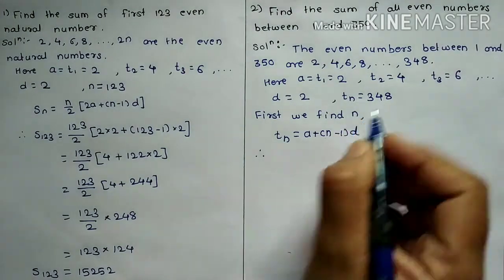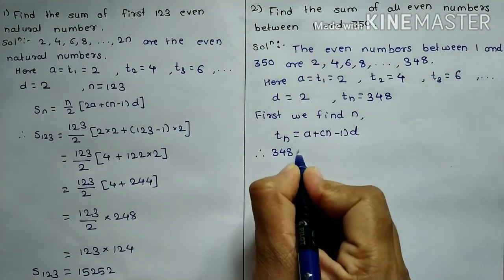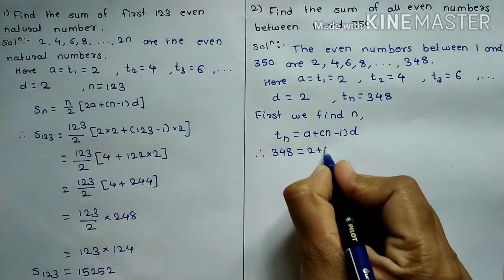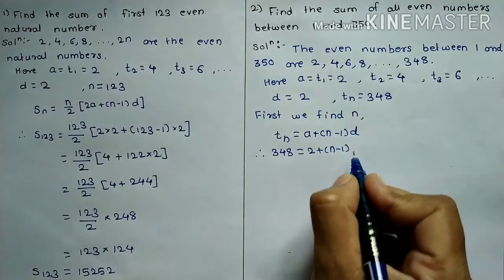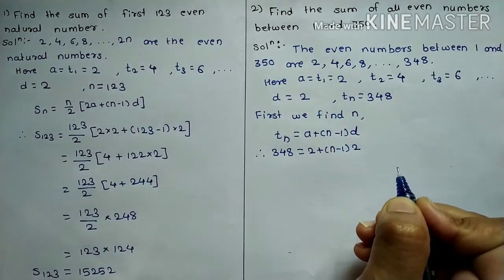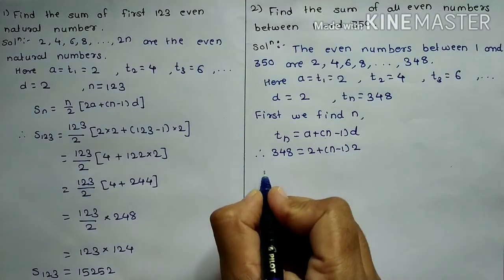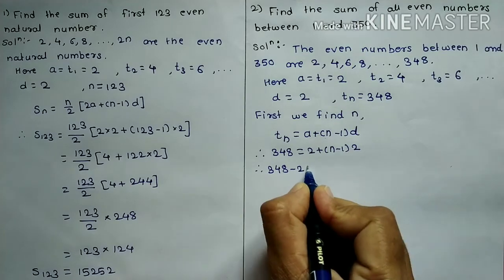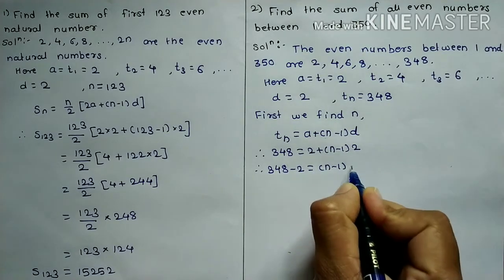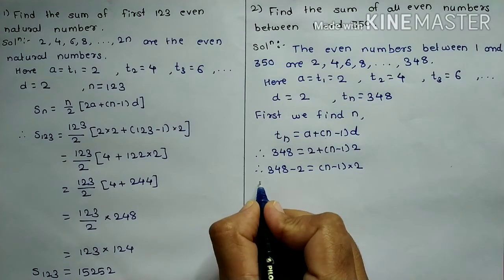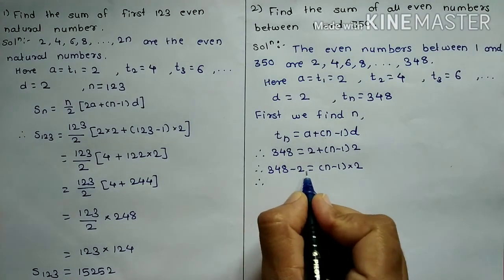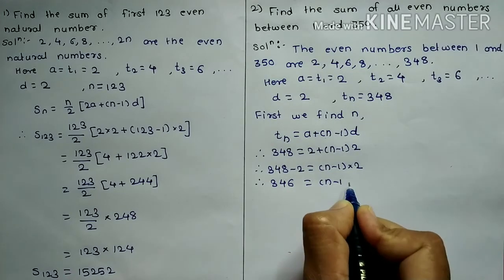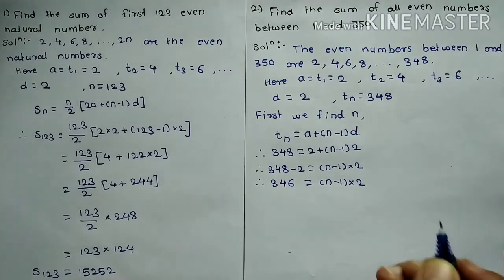Therefore Tn is 348 equal to a is 2 plus (n minus 1) and d is 2. Therefore 348 minus 2 equal to (n minus 1) into 2. Therefore 348 minus 2 is 346 equal to (n minus 1) into 2.